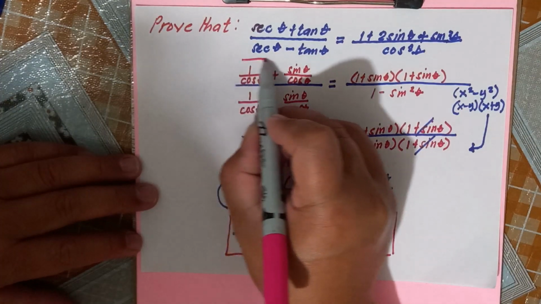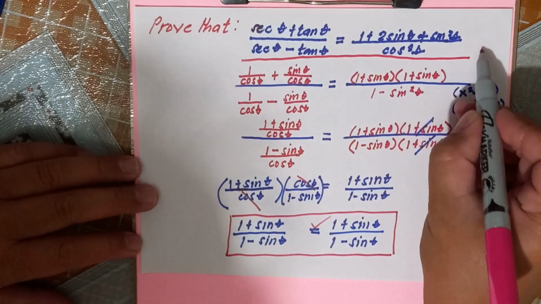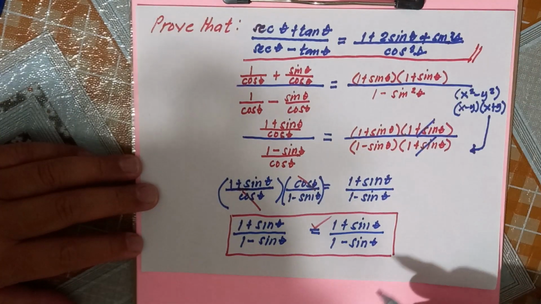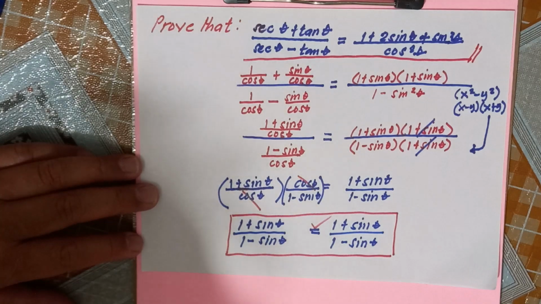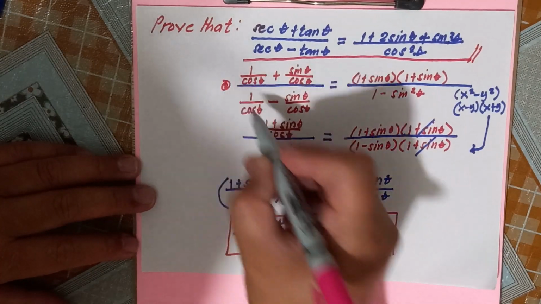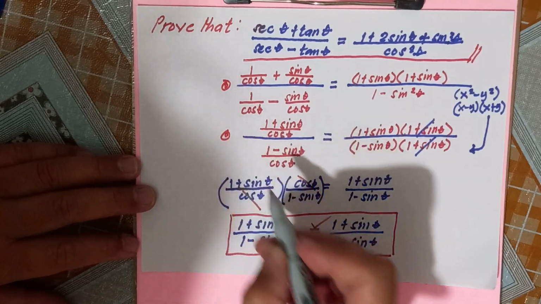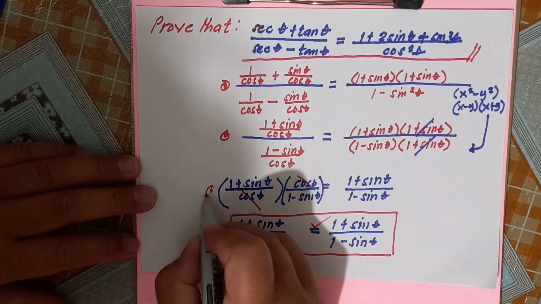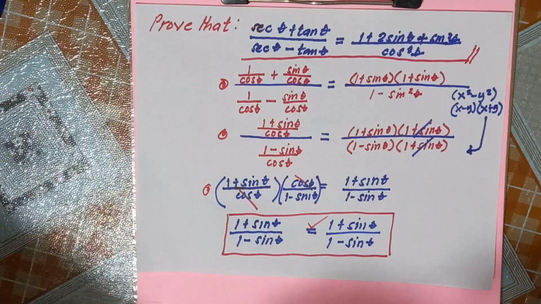I hope you followed the step-by-step procedure of proving this trigonometric equation. How many steps do we have? We have at least 3 to 4 steps.